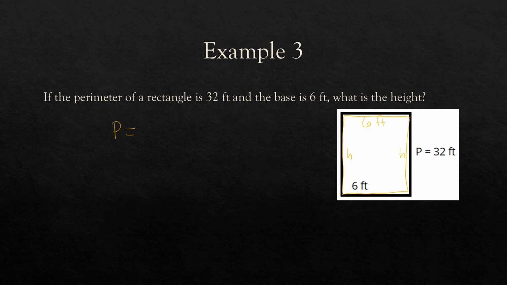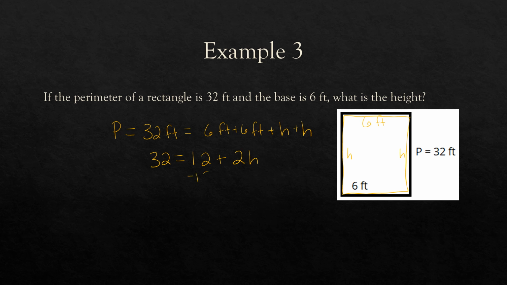So our perimeter is 32 feet. It is equal to the 6 feet on the top and the bottom that we already know, plus the height on both sides. I'm going to start leaving off my units for just a minute while I calculate. So 6 plus 6 is 12, and h plus h is 2h.